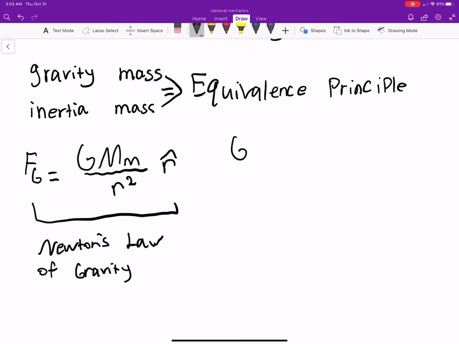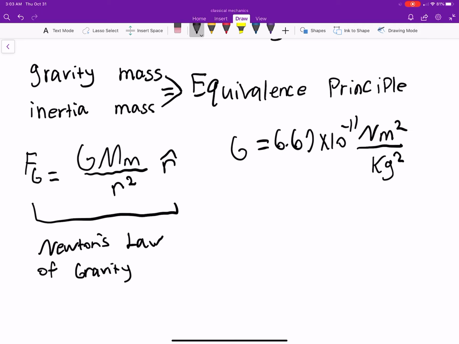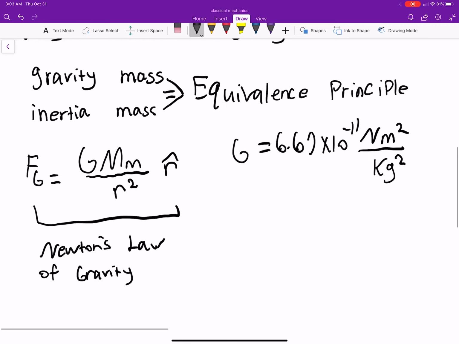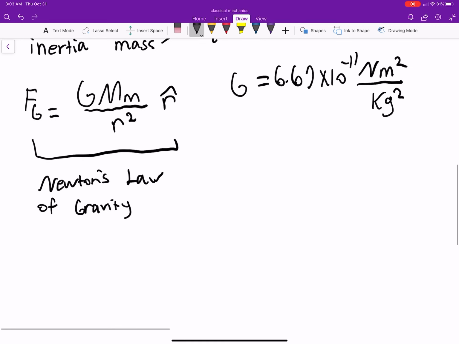Okay, and G is a constant, 6.67 times 10 to the negative 11 newtons times meters squared over kilograms squared. And on Earth, which is what we'll do a lot of, the force due to gravity is just mg.